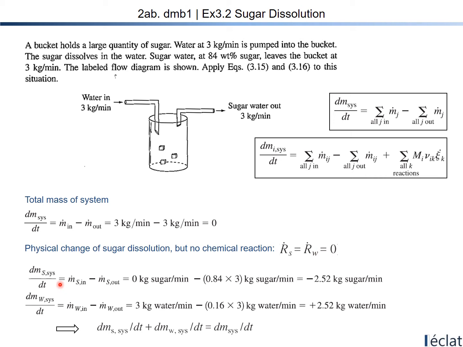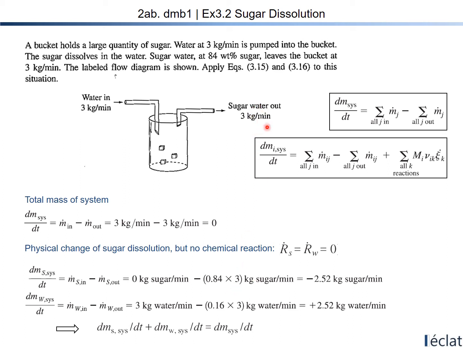Let me start with the component version of the mass balance equation for sugar. dm_sugar in system/dt is equal to input flow rate minus output flow rate. In this case, there is no sugar in the input flow rate because only water is introduced into that bucket. Minus, let me think about output.